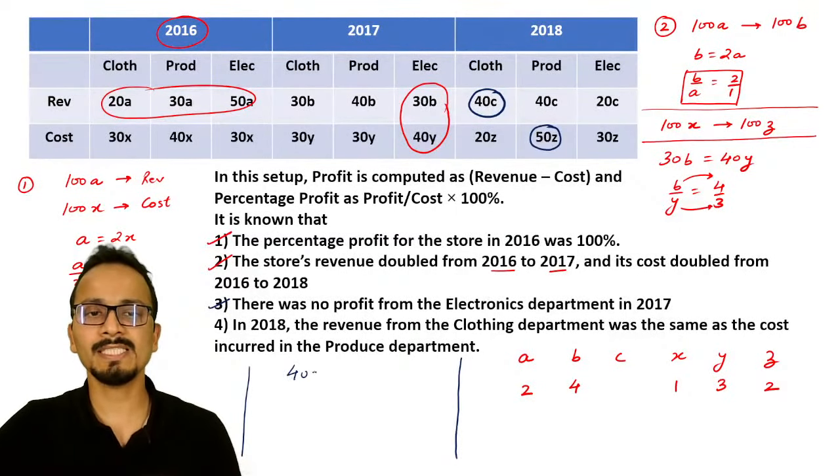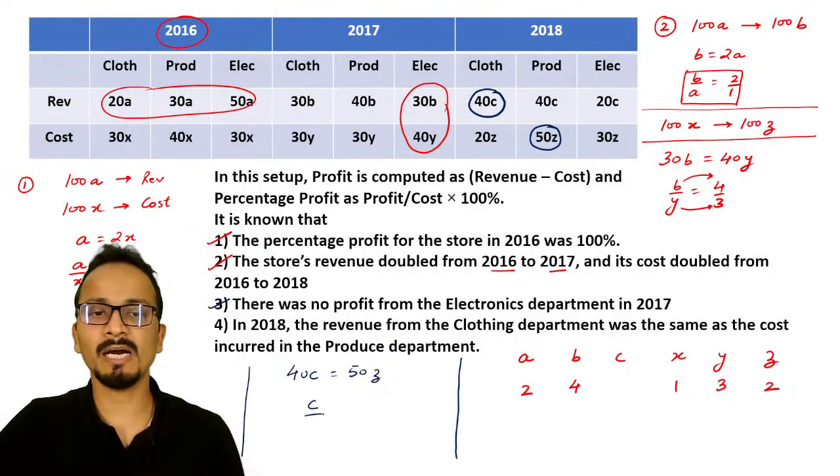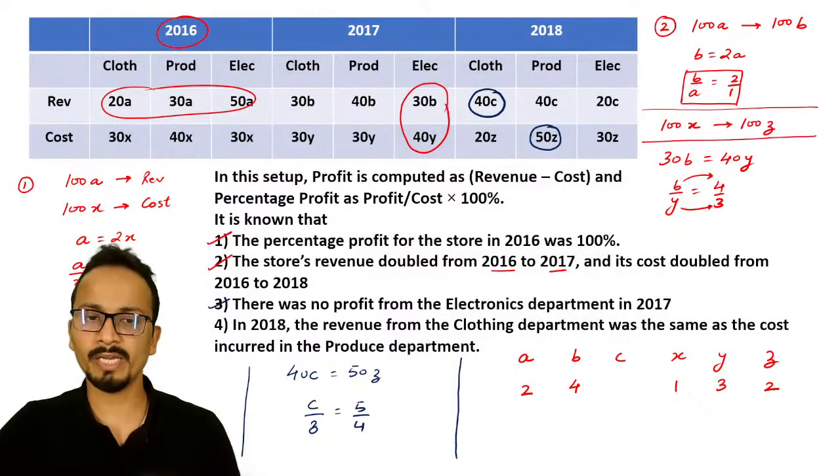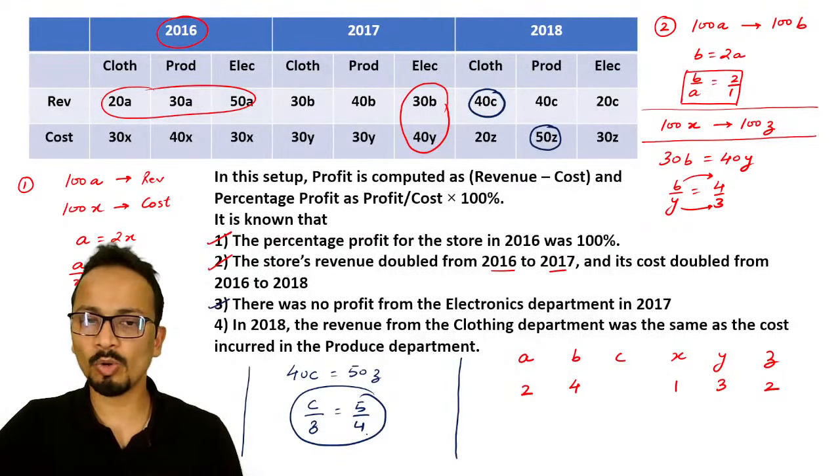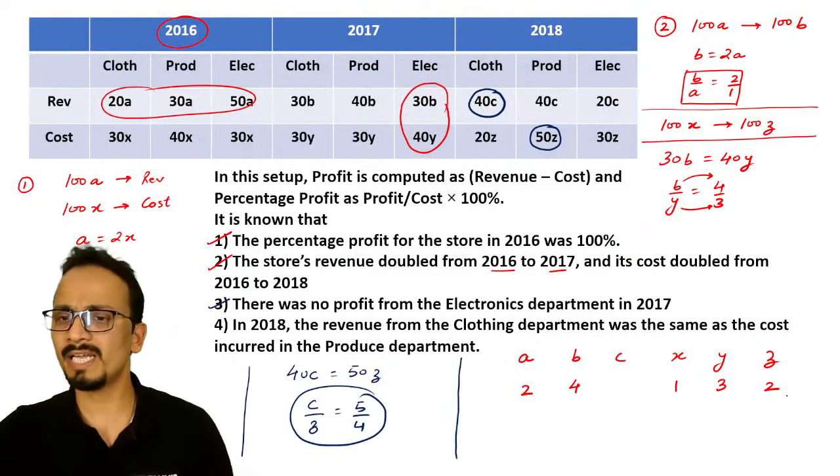So 40C is equal to 50Z. So C upon Z is equal to 5 upon 4. Okay, so if Z is 4, then C will be 5. But in the table that we have drawn, the value of Z is 2.